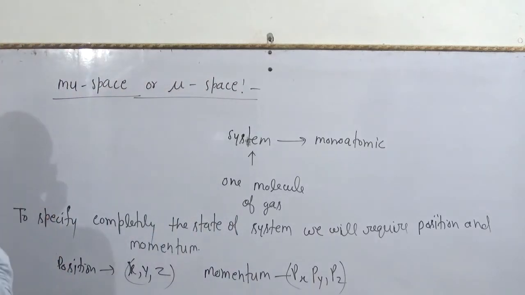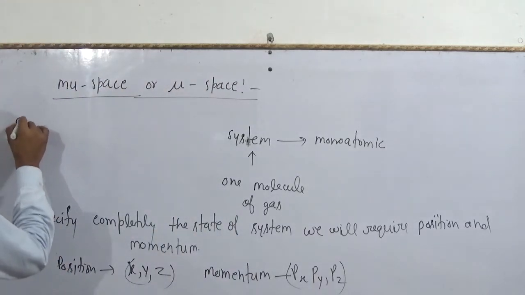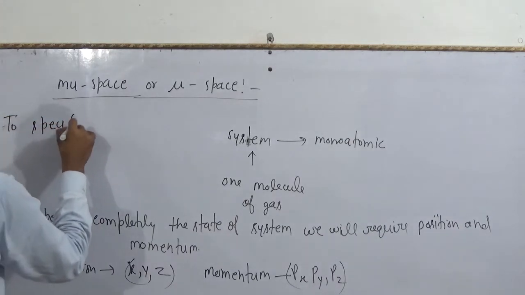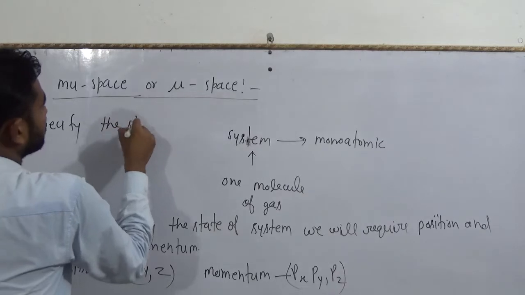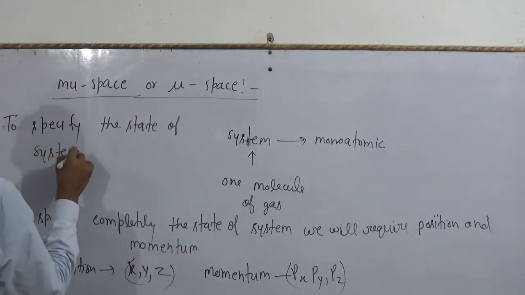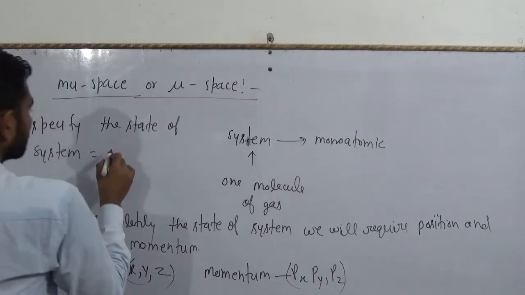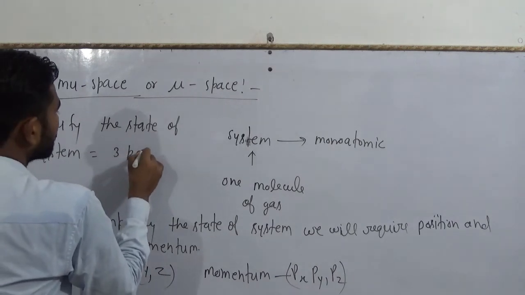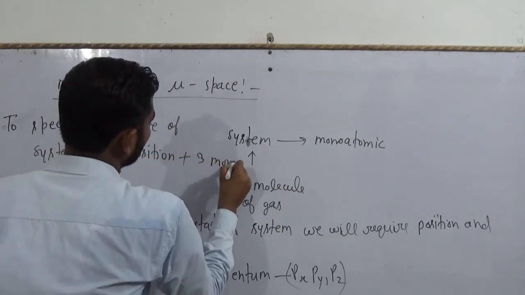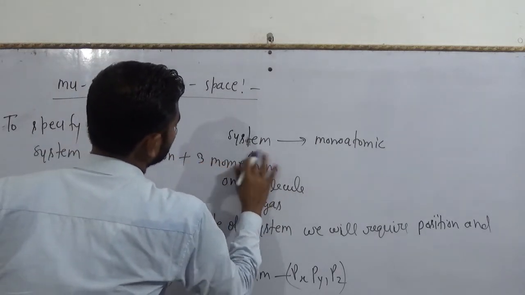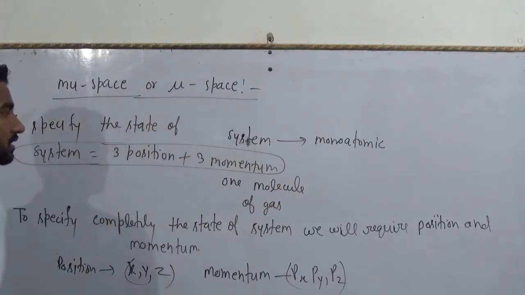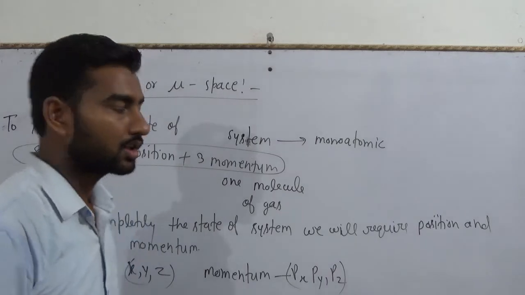Here we can write also, to specify the state of the system, we will possess 3 position plus 3 momentum, this 6 coordinates.